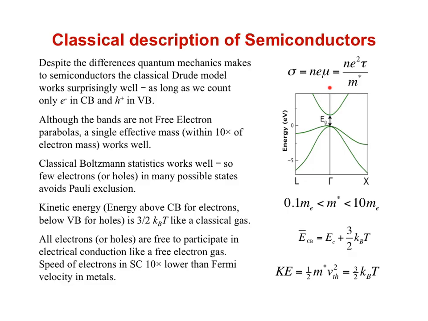Although the quantum mechanical electronic states are not free electron bands, as long as we restrict ourselves to considering only electrons in the conduction band and the holes in the valence band, the dispersion relation around these charge carriers is nearly parabolic and can be described with an effective mass. Even the valence band can be described with a positive effective mass as long as we think of the charge carriers as positively charged holes where their lowest energy is at the top of the band.